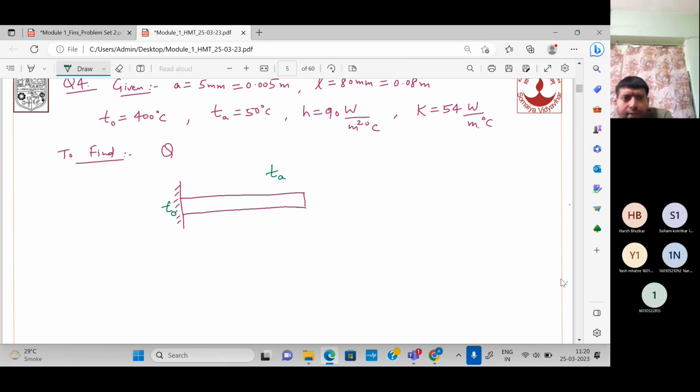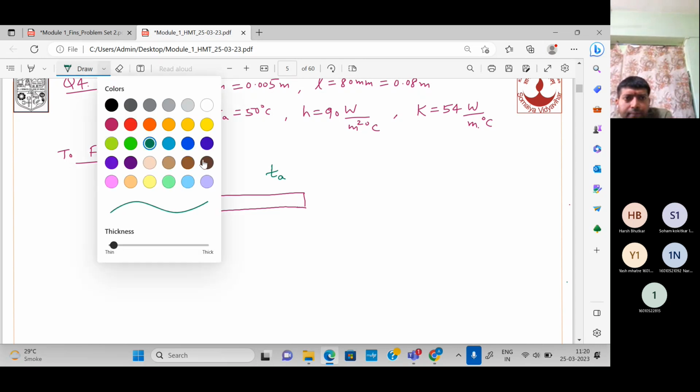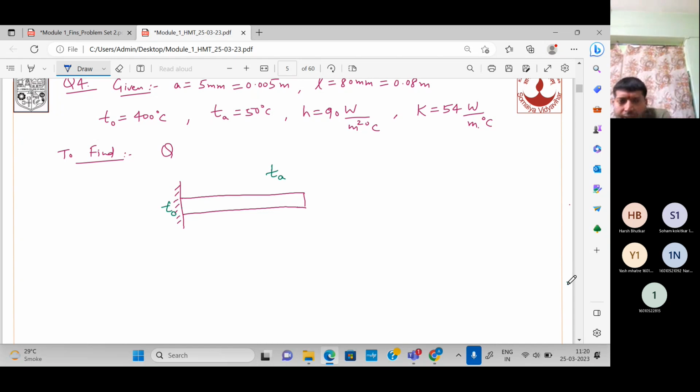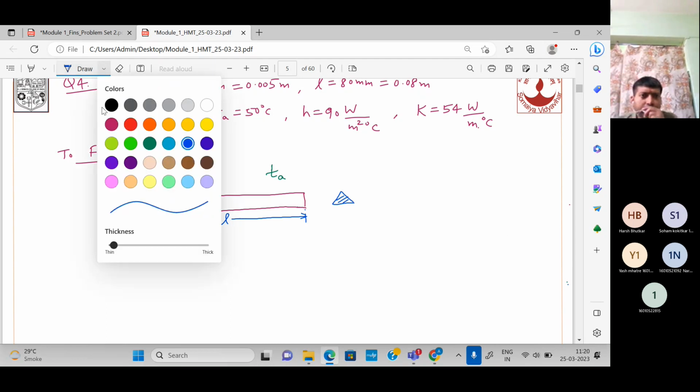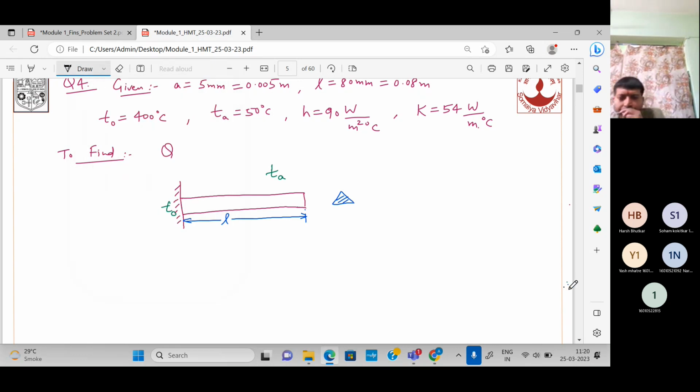Now the length of this rod is L. Remember the cross section of this fin is triangular, with side a.